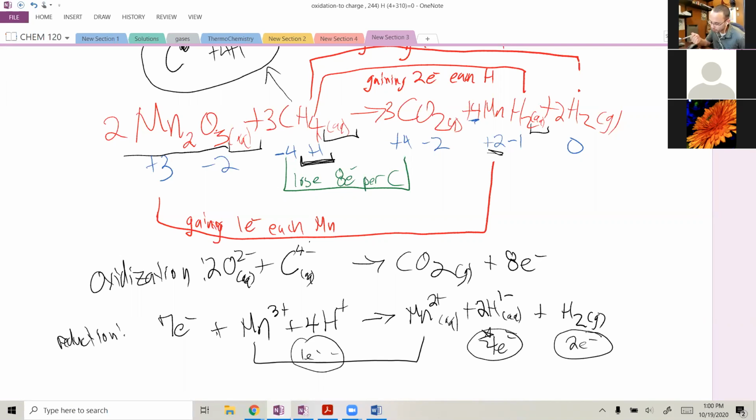So it's a little bit tricky because we have 8 electrons here, and we have 7 electrons here. And so there's not really a shared common denominator there, but that's normally what we would look for, right? If there was something that they both go into. And so 8 and 7, what number do they both go into?